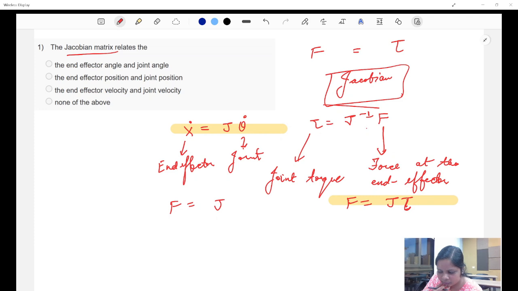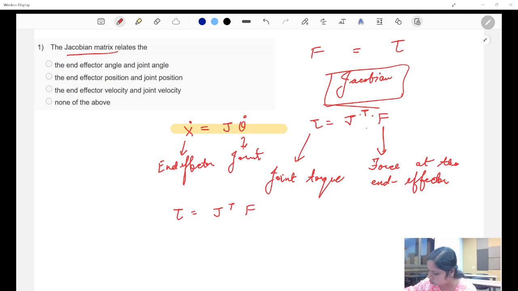Ma'am, I think you have written inverse. Yeah, transpose, right. So for the end effector, it is going to be force, and torque is equal to Jacobian transpose into force. This force is associated with the end effector, and this torque is associated with the joint.